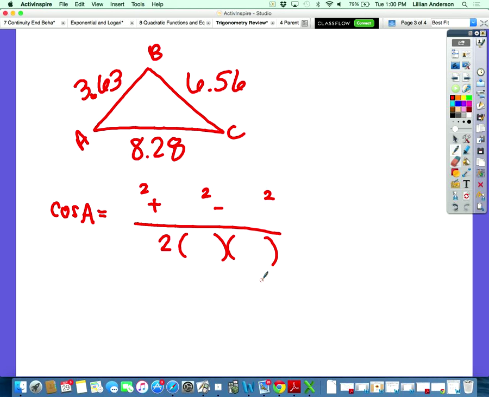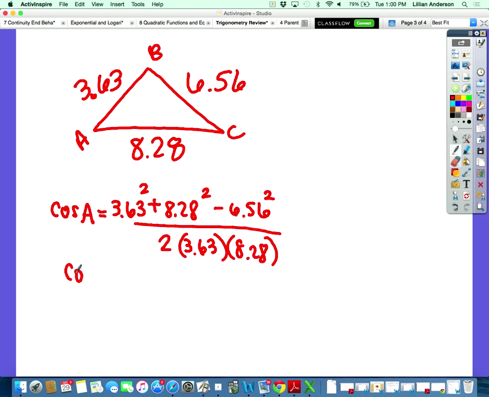Now, the side that you subtract is always the side opposite of the angle that you're trying to find. So I should have subtracted 6.56 if I'm looking for angle A, and then the other 2 sides should have been added and squared. This is if I wanted to find angle A first, okay?